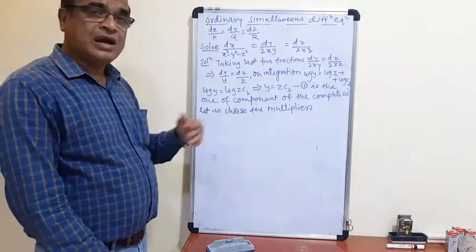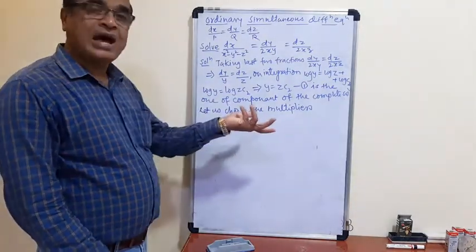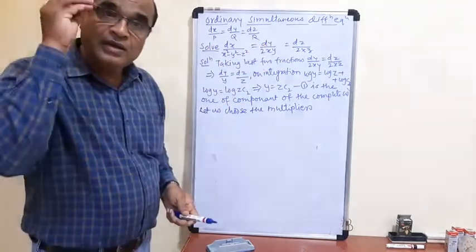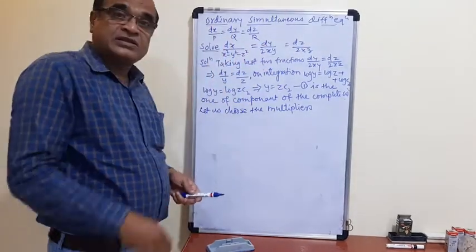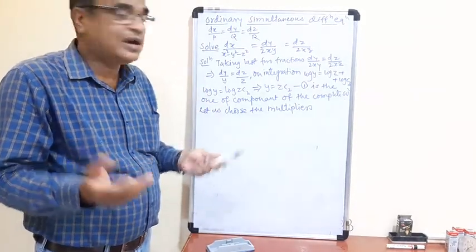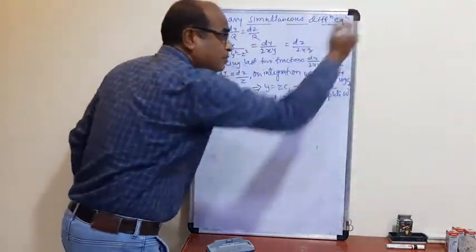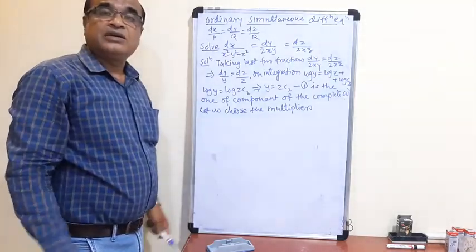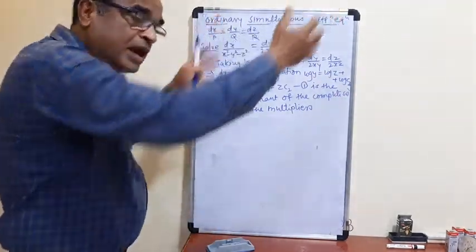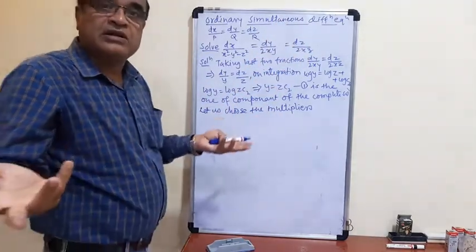So what are we doing here? We take multipliers. These are 3 fractions, and it is difficult to solve this differential equation. So what are we doing here? We make other fractions. It is possible to make infinite fractions, and then take 2 fractions of them and solve this differential equation.